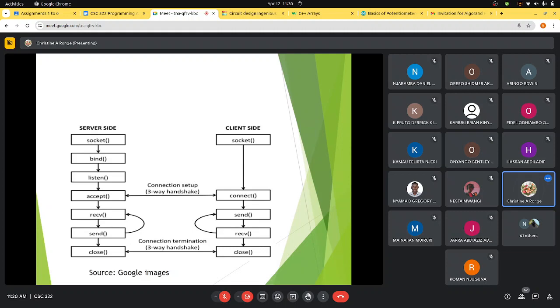Okay, so now we look at the two-way handshake protocol with the assumption that the network is reliable. We will look at both sides, the initiator of termination and the non-initiator of termination. So let's begin with the initiator of termination.